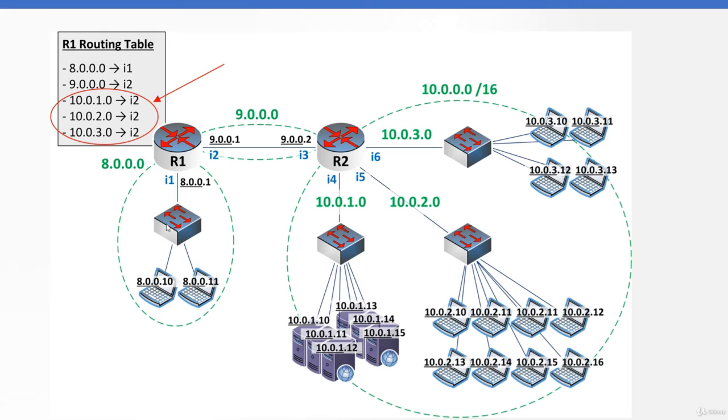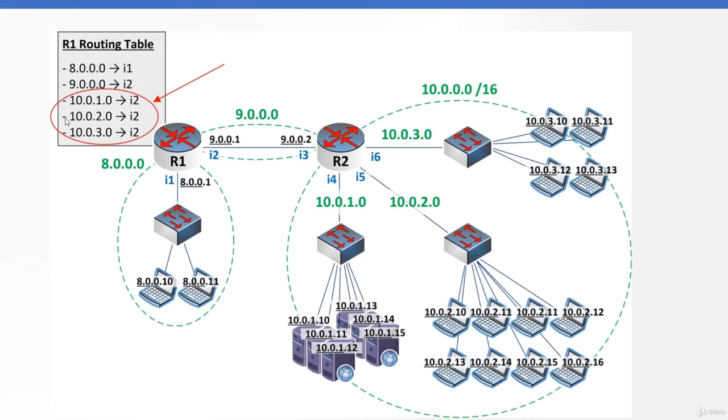Say that this laptop wants to send a packet to that imaginary device. This router will look up the destination IP address, 10.0.2.50, in its routing table, and it's going to say, okay, I have a route for 10.0.2.something, so anything. This is a network address. It represents all hosts within the 10.0.2 network.